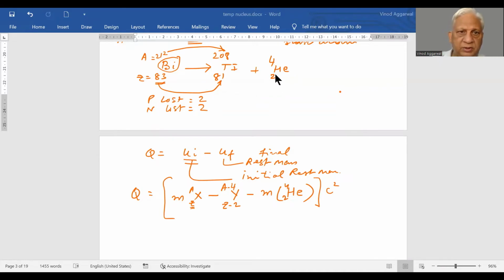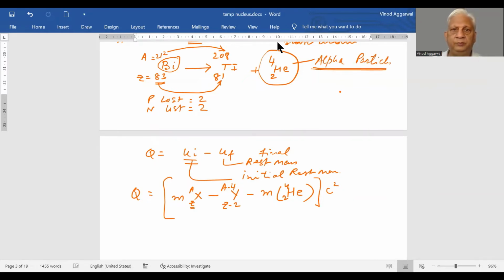Now in this process, you see this helium, this is nothing but our alpha particles. Alpha particles are basically helium atoms without any electron.